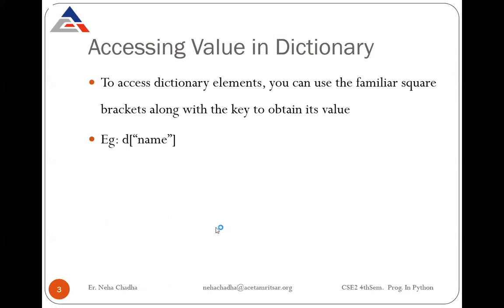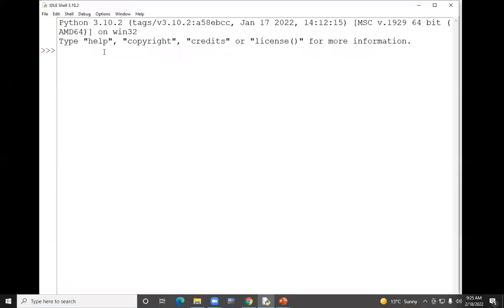We will write A equal to, where A is the name of my dictionary, enclosed in curly brackets. I will write here list, then I will pass one value as 8, then I will write tuple.